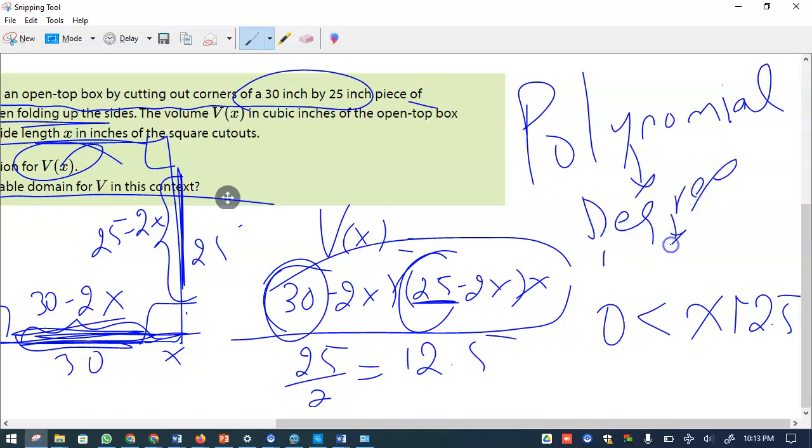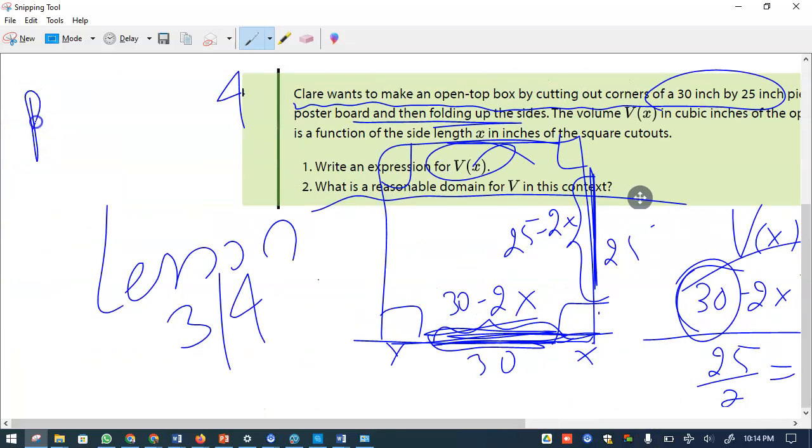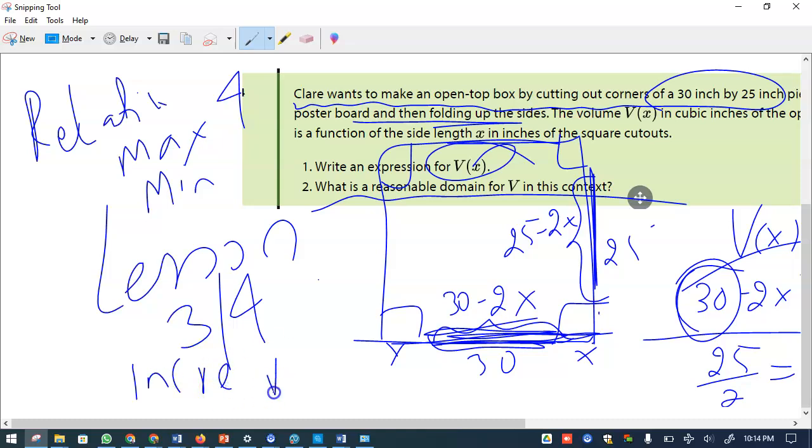What is the leading term? What is the leading coefficient? Then what is the relative maximum? What is the relative minimum? These are the things, increasing, decreasing, all these constants.